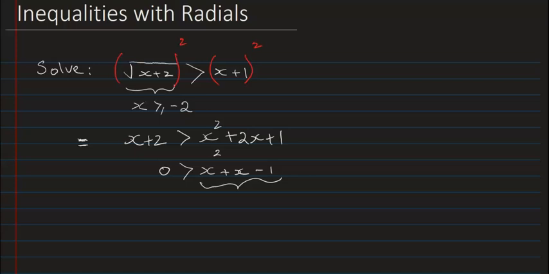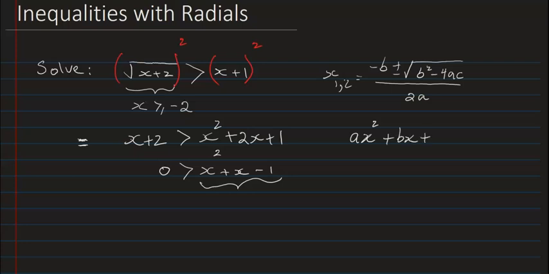The quadratic formula gives two possible answers for x: x equals minus b plus or minus the square root of b squared minus 4ac, all over 2a. It comes from the standard form ax squared plus bx plus c equals 0 of the quadratic equation.